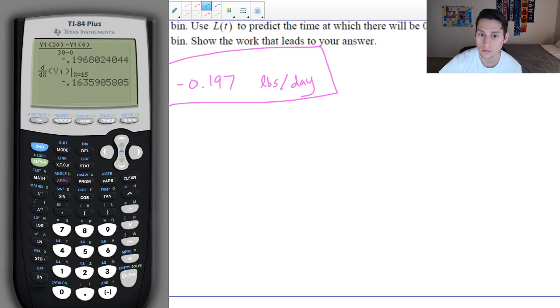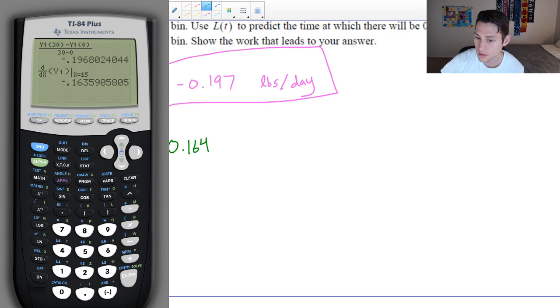So A prime of 15 equals negative 0.164. All right, great.